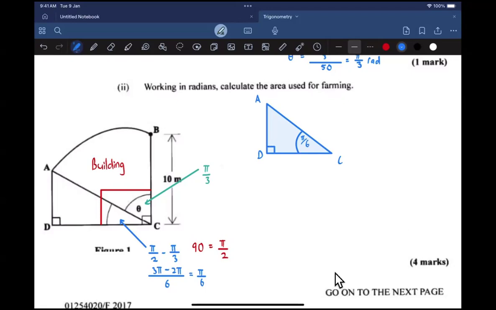Right. Kiara, could you explain to everybody why A to C is 10 meters? Why is A to C also 10?